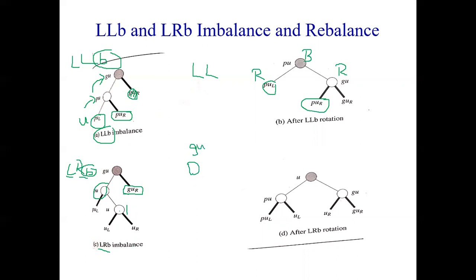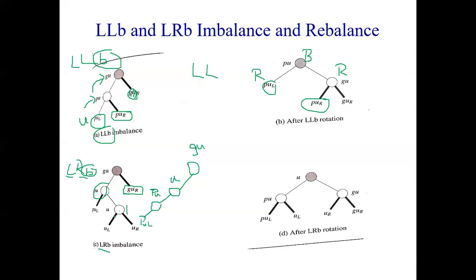U will become the left child of GU, and PU will become the left child of U. PU's left subtree is PUL as usual.